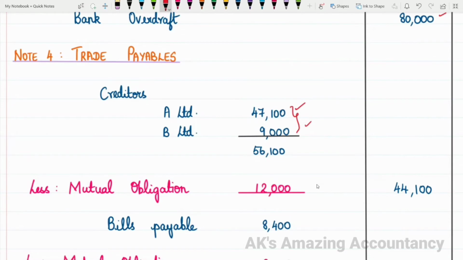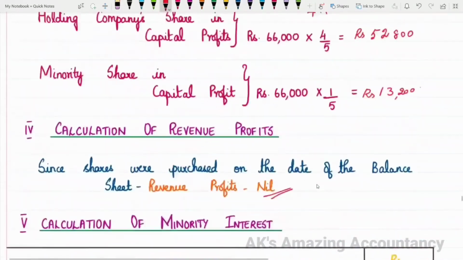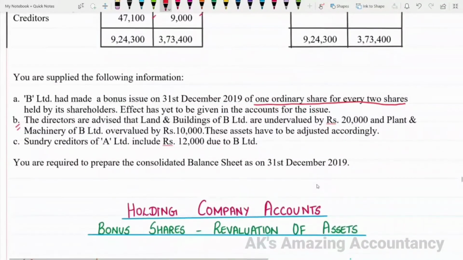You have mutual obligation in this particular problem, for which you have to have a look at the problem once again. Have a look at point C. Sundry creditors of A Limited include rupees 12,000 due to B Limited. So this is what is actually mutual obligation.